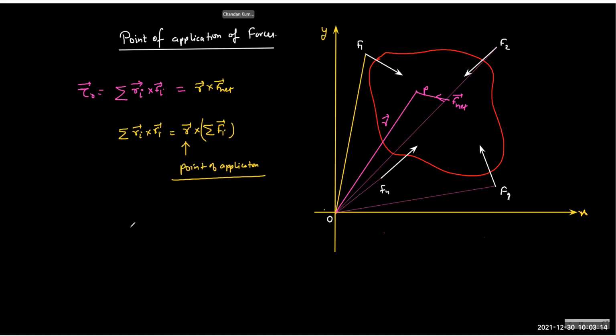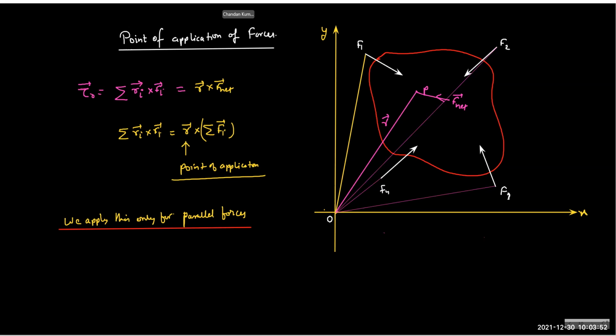We only apply it for parallel forces. There may be one or two numerical problems in the chapter of electromagnetic induction where you need to use this concept, else it is not used.